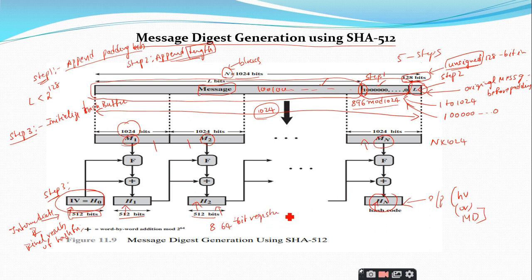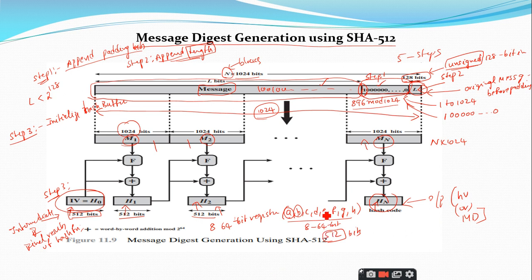All these registers are named A, B, C, D, E, F, G and H. So A is one 64-bit register, B is another 64-bit register. Like that we have 8 64-bit registers. So 8 into 64 is nothing but 512 bits. So this is the purpose of the buffer.